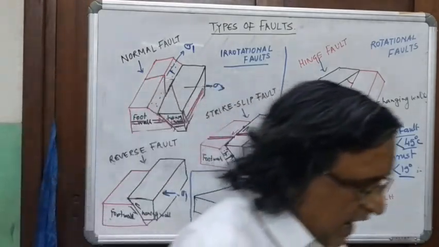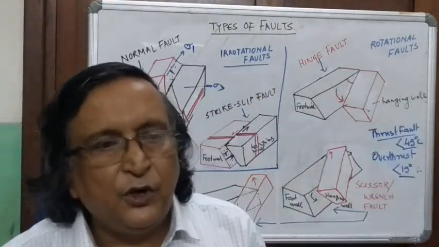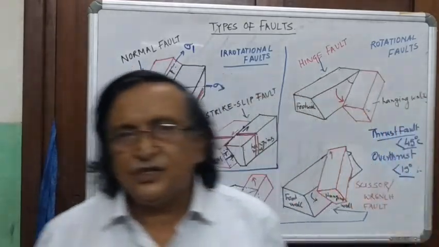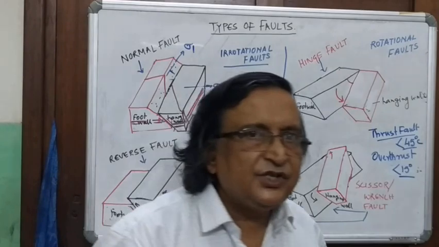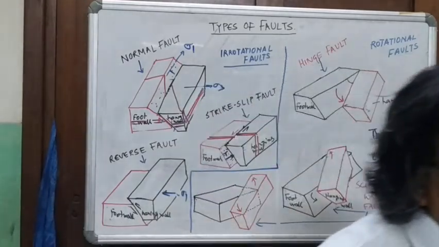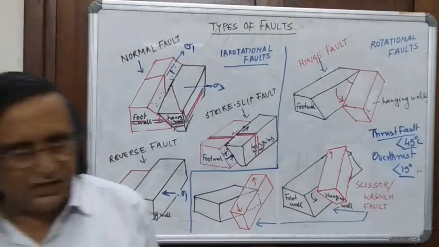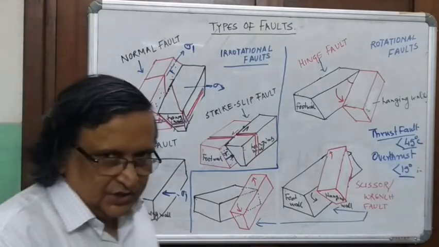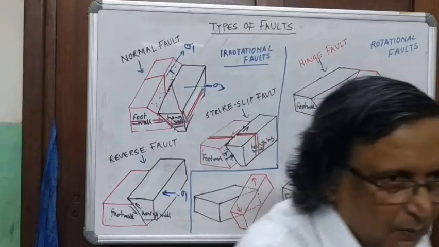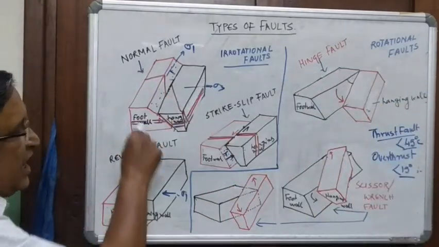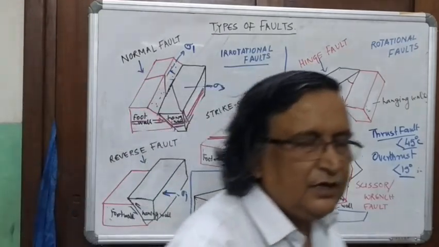Now, I will ask you to do some reading for yourselves. There is something called Anderson's theory of faults, you write down, Anderson's theory of faults. What it does is relate the strain field, sigma 1, sigma 2, sigma 3, and the type of faults. And this you have to read yourself.